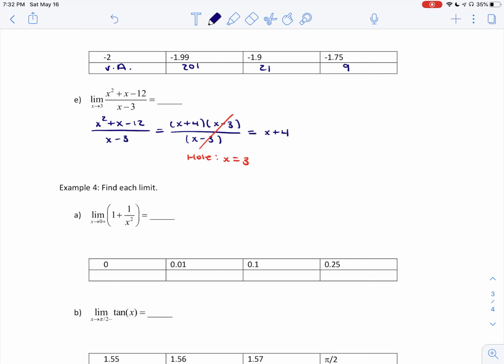All right, so we know from what we did in a previous section looking at indeterminate forms that if we're able to simplify a function down and we can then plug our c value directly into that function, then the limits are going to be the same. In this case, the limit that we're looking for, limit as x approaches 3, the 3 value is a hole this time and not a vertical asymptote. So it's not an infinite limit this time. We're actually going to get a number out of it.